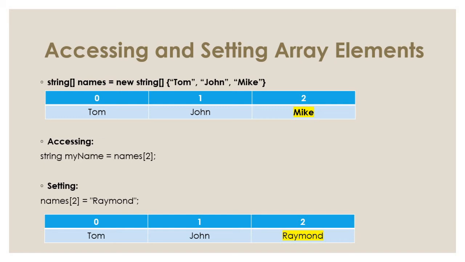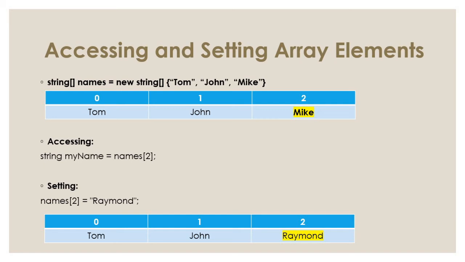Let's look at this first example here. It's pretty simple. As you can see, the first element at index 0 is Tim, then John at index 1, and Mike at index 2. So what would we do if we wanted to perform an action with Mike? This is where arrays really shine.